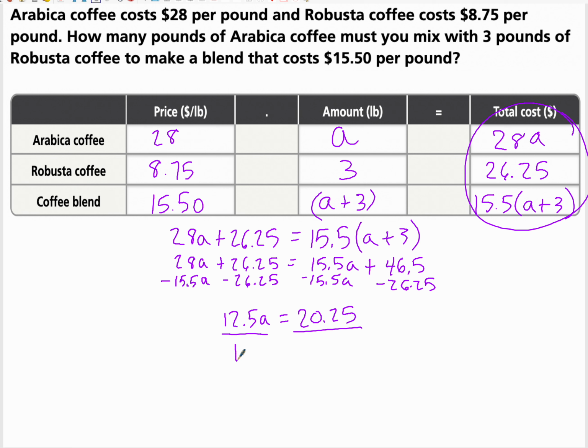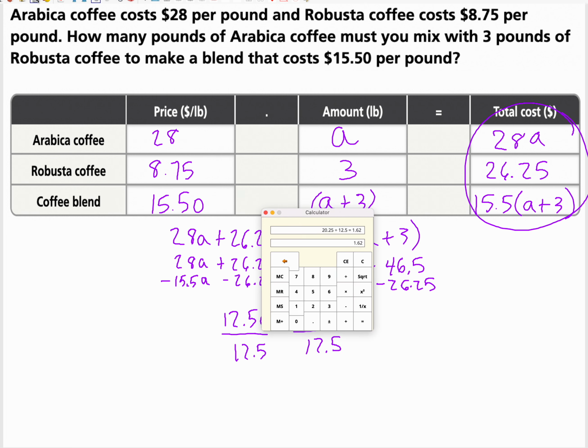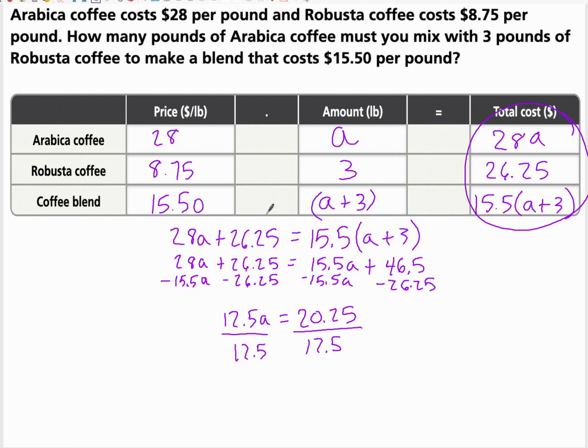Now we just divide 20.25 by 12.5. If you take your calculator, I've already put it in there, I tried it out once. So 20.25 divided by 12.5 comes out to be 1.62. Or sorry, 1.62 pounds.